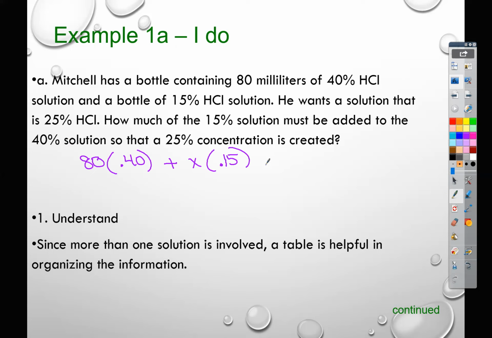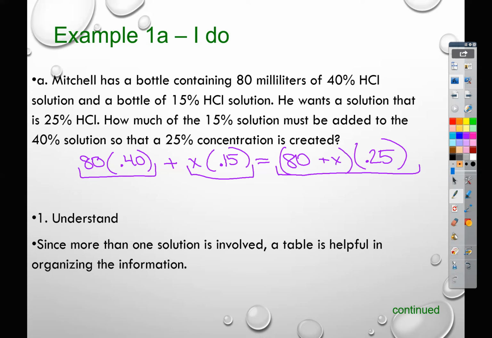He wants a solution that is 25%. So I'm going to have the quantities, the 80 plus this x of unknown quantity, and then I want a total solution that is 25. So we have the first solution of 40%, we have the second solution that's 15%, and then we want our total solution to be 25%. That is what I'm thinking right now.